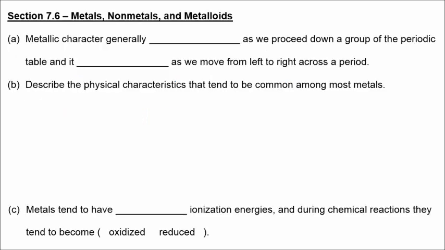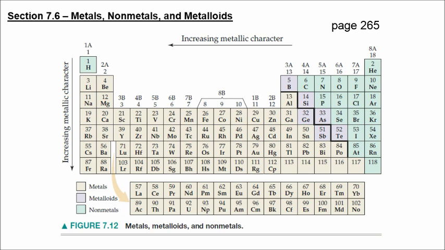All right, moving on to section 7.6, metals, nonmetals, and metalloids. Metallic character generally does something as we go down a group and as we go across a period. If you're not sure what exactly is metallic character, let's take a look on page 265 at this figure 7.12.